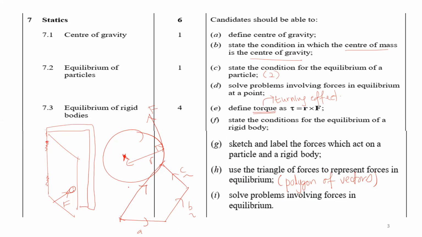So this is the resultant vector, which can also be written as A plus B plus C. This is known as the polygon of vectors, not triangle.